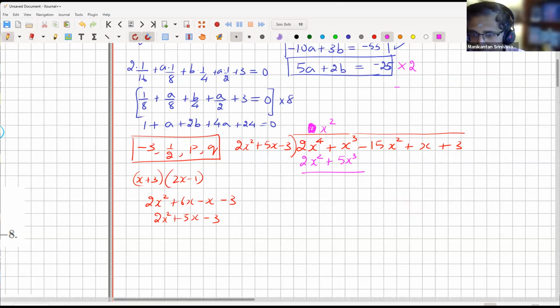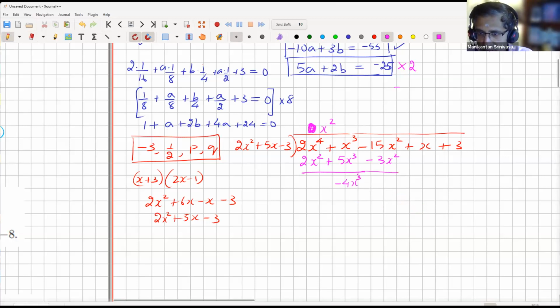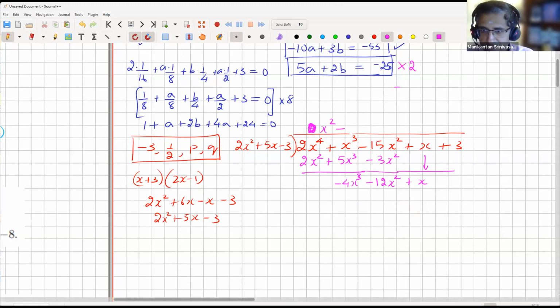In the first step, when x square multiplies, it gets 2x power 4 and then 5x cubed, and then I forgot the minus 3x square. So what comes here is minus 4x cubed, minus 12x square. Then I'll bring the x alone here. In the next step, it will be minus 2x.